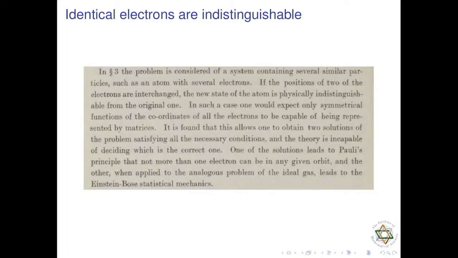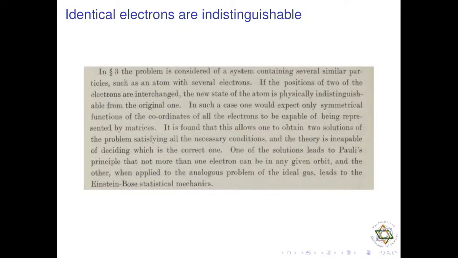When there are several similar particles, if the positions of two particles are interchanged, the new state of the atom is physically indistinguishable from the original one. He then goes on to say what happens to the wave functions. He realizes that the wave functions can be realized in two ways, antisymmetric and symmetric wave functions.